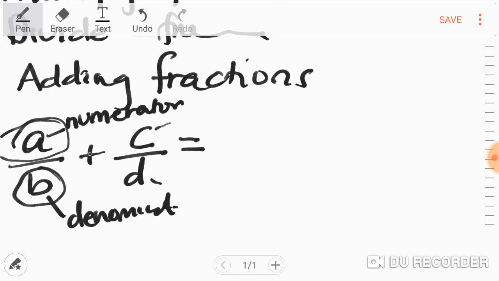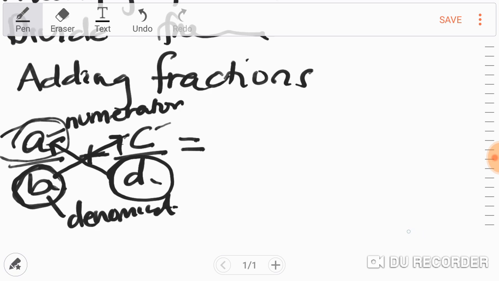So when you have to add fractions, you should make sure that both denominators are the same before the numerators can add, right? So how do we do this? You have to multiply the whole fraction by the denominator and also multiply the other fraction by the denominator, right?